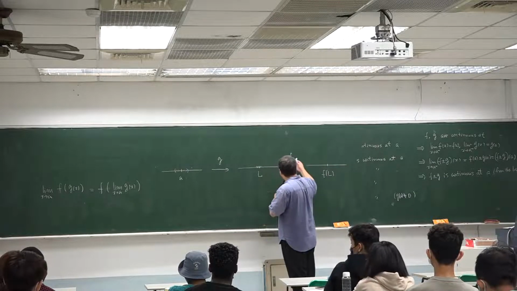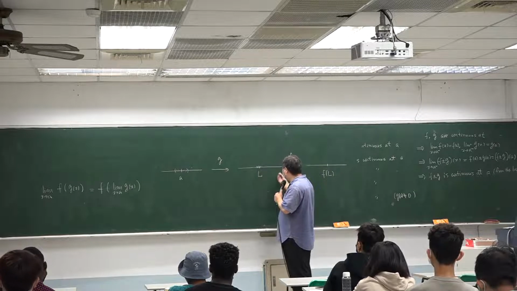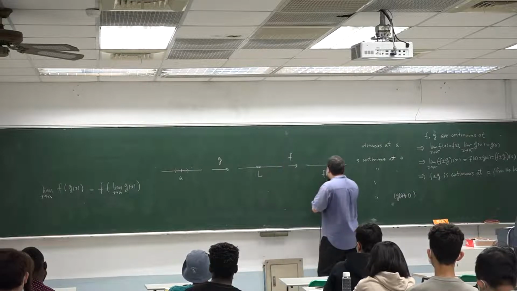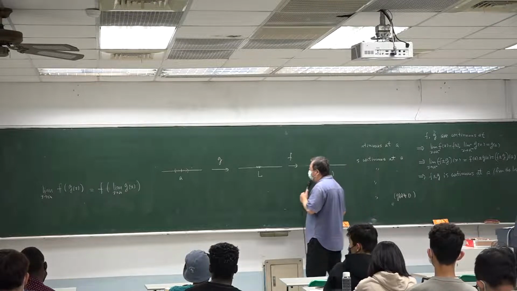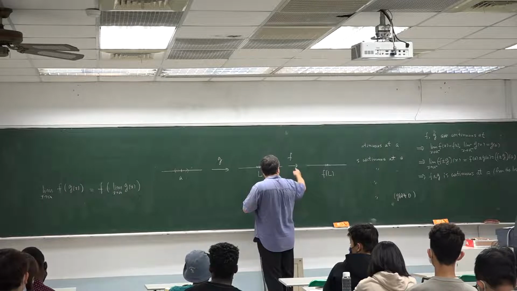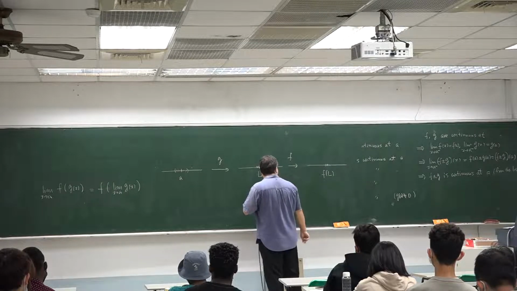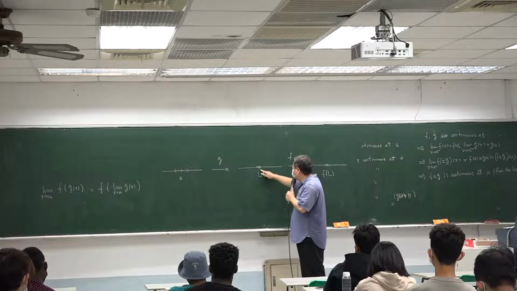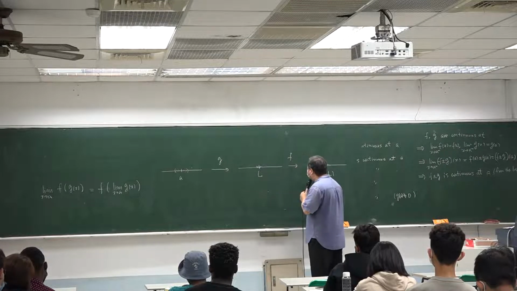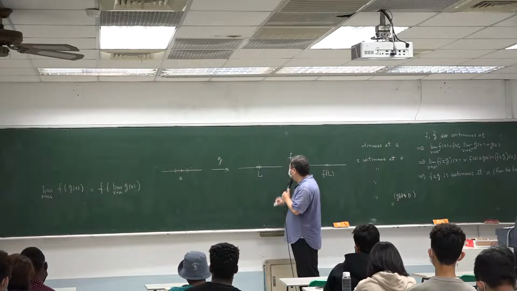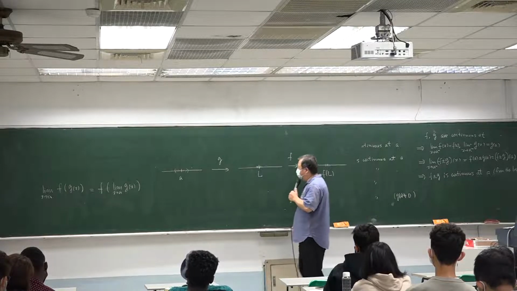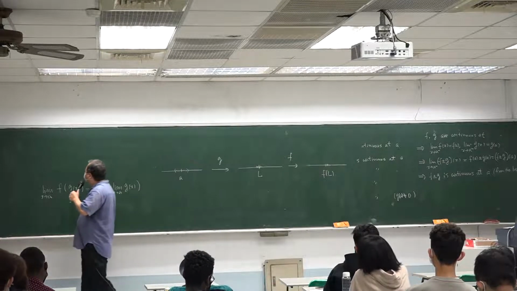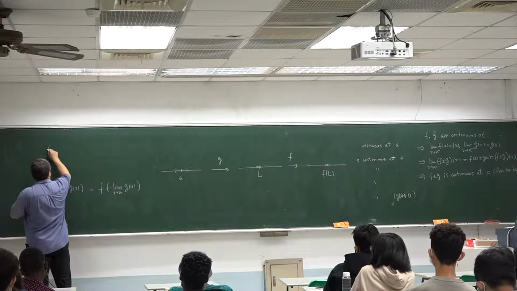And for the limit, it means F can map points nearby L to points inside some small neighborhood of F of L. This is exactly saying F is continuous at L. If F is continuous at L, then the limit of F at L is F of L. So we obtain this condition.